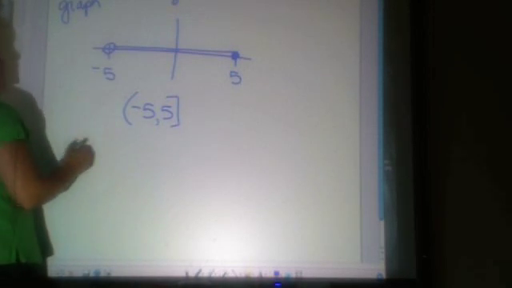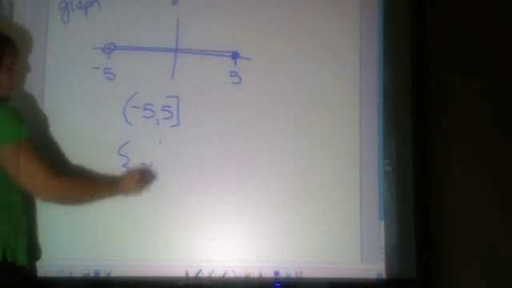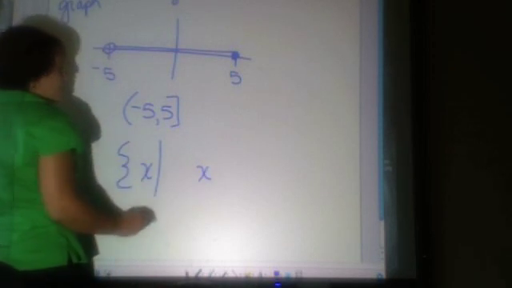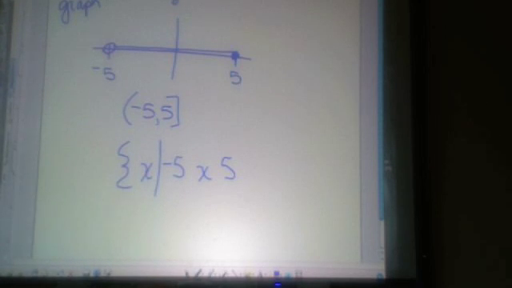Does everybody understand? How would you write that in set builder notation? We have a variable, and our variable is located between these two numbers, so I would write my variable between those two numbers, and then I look at it.